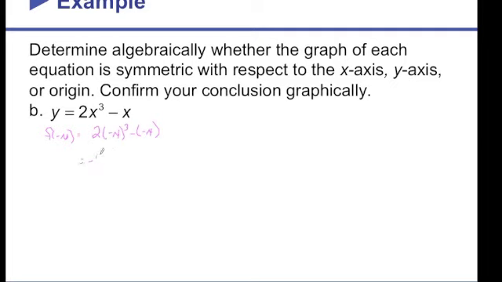So this will equal negative 2x cubed, and a negative times a negative makes it a positive x. This is actually equal to negative f of x. Notice that the signs both change. This was a positive, negative, it's a negative, positive. So this is a yes for the origin.